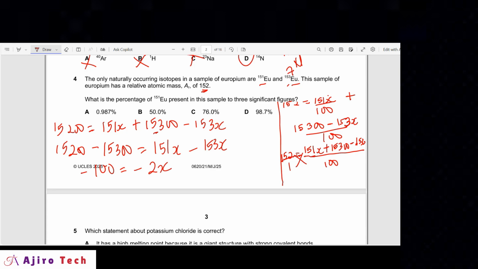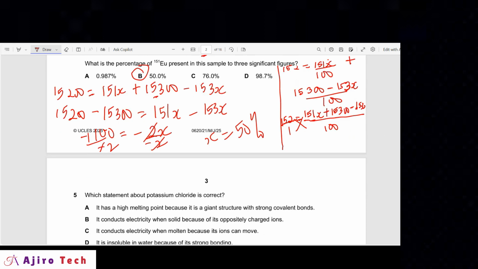To obtain x, divide by minus 2, so this cancels out, and your x is basically 50%. That will be the percentage of the first isotope. So the percentage of the first isotope is 50%. If you want that of the second isotope, just do 100 minus 50 and you get the other 50%. So this is how it works.